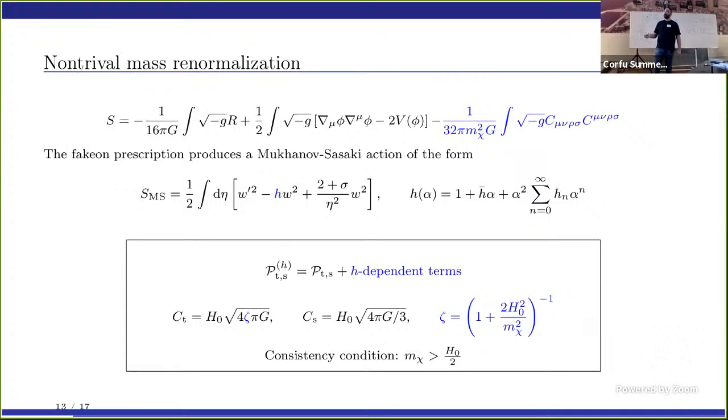You will have some H-dependent terms, so you can discriminate this type of theories from the ones without the Fakeon. Of course, the only potential that is compatible with renormalizability is the Starobinsky one. So if you care about renormalizability, the only theory you can think of at the moment is this one, with the Starobinsky potential here.